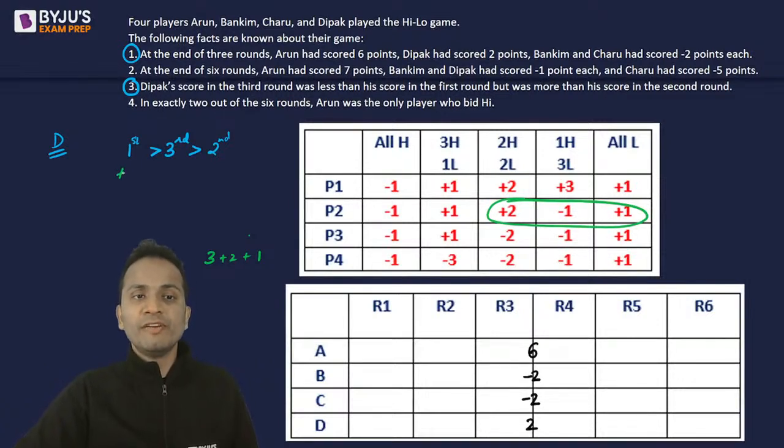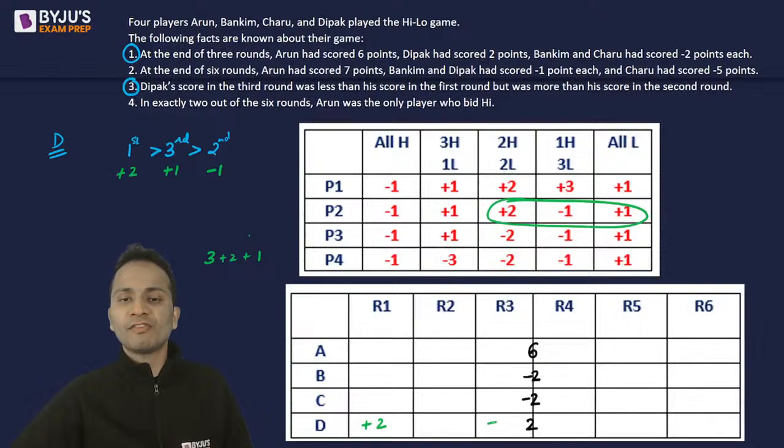So in the first round, he will score +2, followed by the third round in which he will score +1, and then the least score of Deepak will be -1. So in the first round, Deepak will score +2. In the third round, he will have +1, and in the second round, he will have -1.